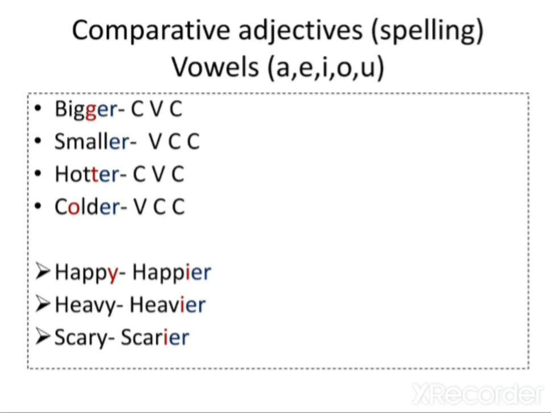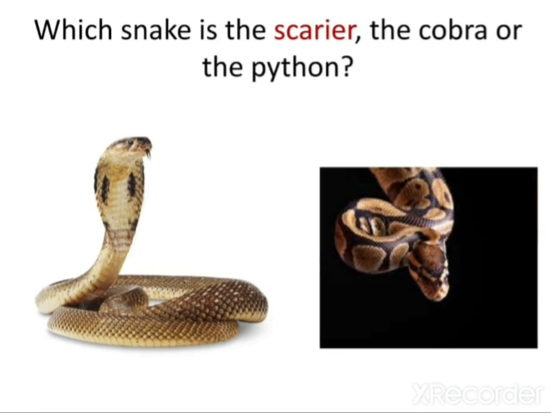We have the word heavy again. It ends in Y. So when we make it a comparative adjective, we change the Y to I and we add ER. Now look at the last example. I have two pictures of different snakes. One is a cobra and another is a python.